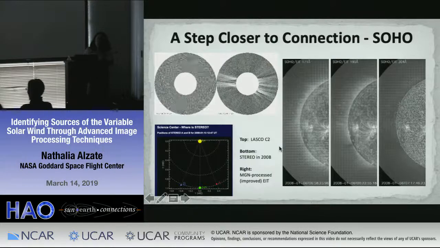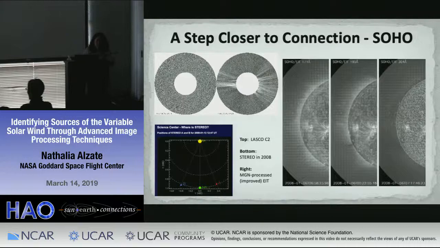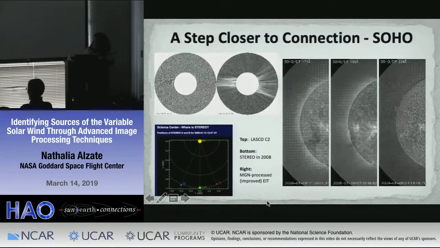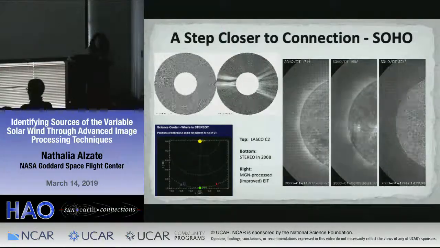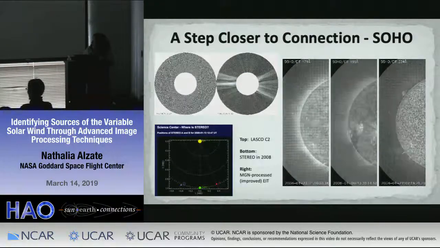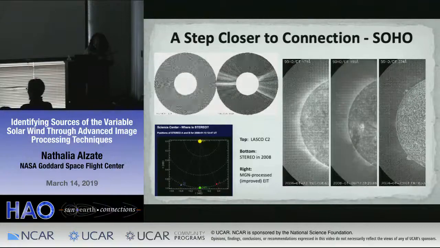But of course, what EUV data can you look at if you're looking at LASCO? It's EIT. The problem with EIT, aside from the resolution, is that we're missing a lot of files. There's a lot of data gaps. So that doesn't help either.